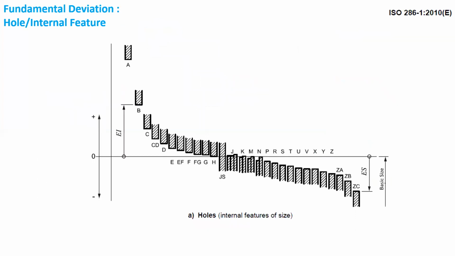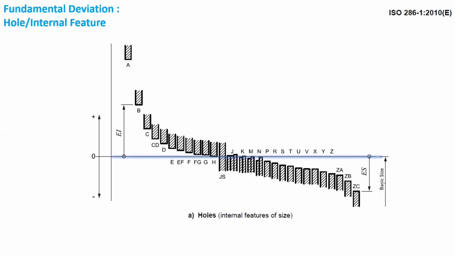So according to the ISO system, we have this chart to locate the fundamental deviation. In fact, this is taken from ISO 286-1 2010E. This is for a hole or internal feature. As we can see, the alphabets here are uppercase.